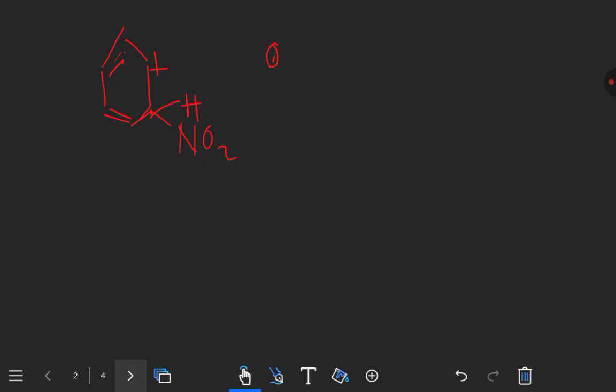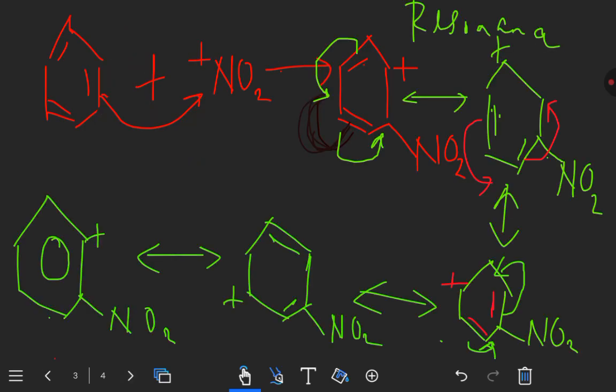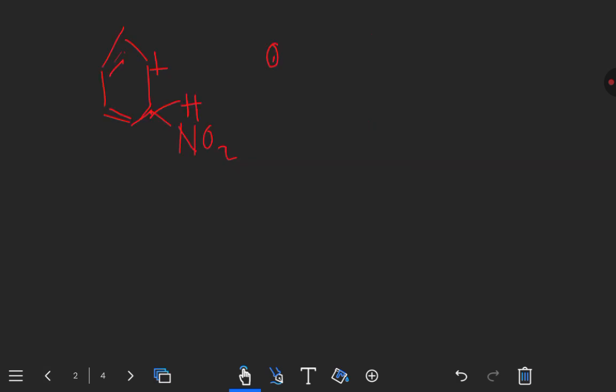I rubbed it. It was just OSO3H negative, like this. So we can use this base to deprotonate that hydrogen.